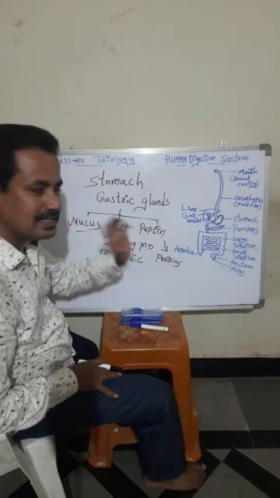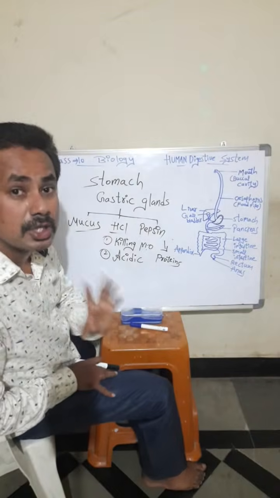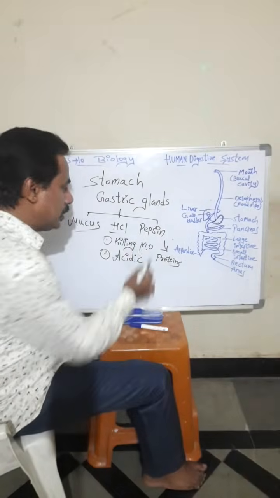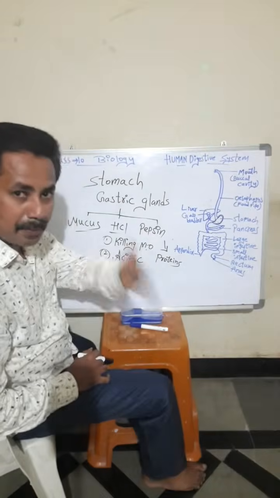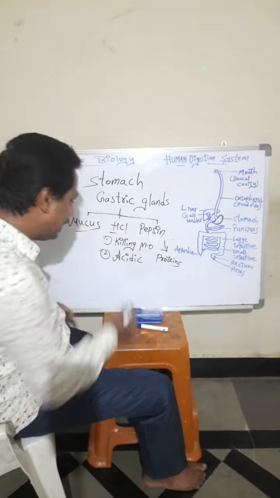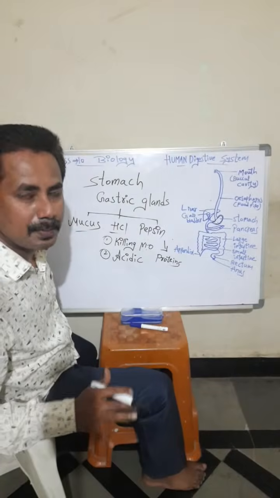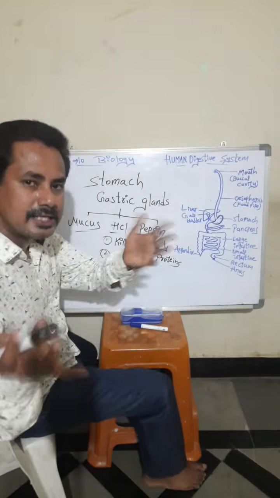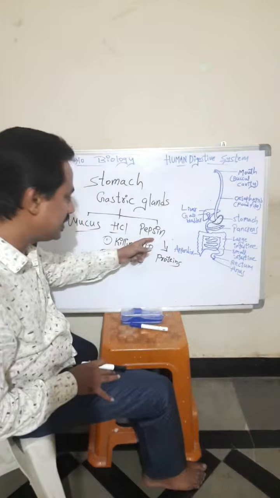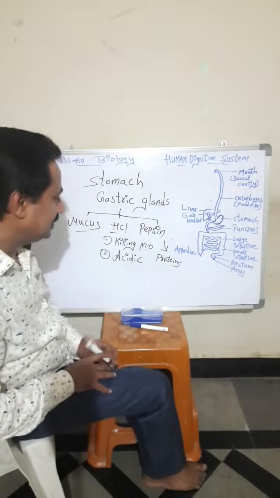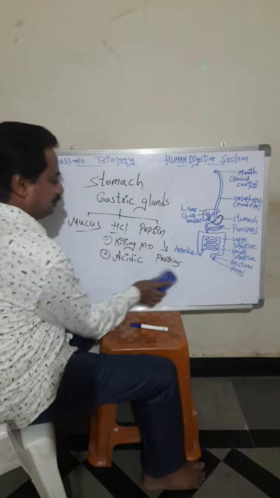And pepsin digests the proteins. Another important thing: pepsin works only under acidic conditions. If HCl is not released, pepsin will not work properly and will not digest proteins. So pepsin activates under acidic conditions. Got it clear? So this is regarding the stomach.